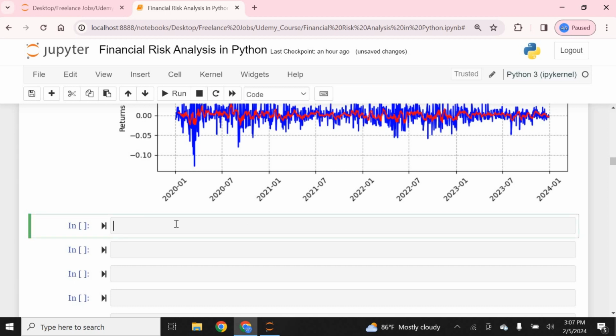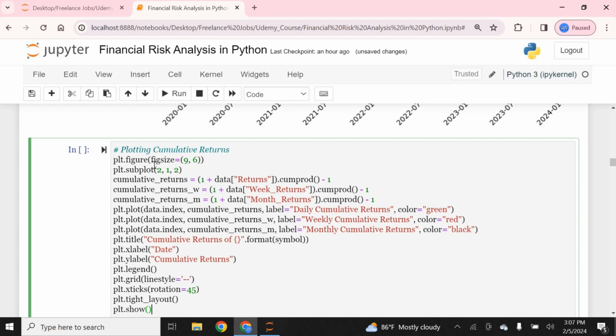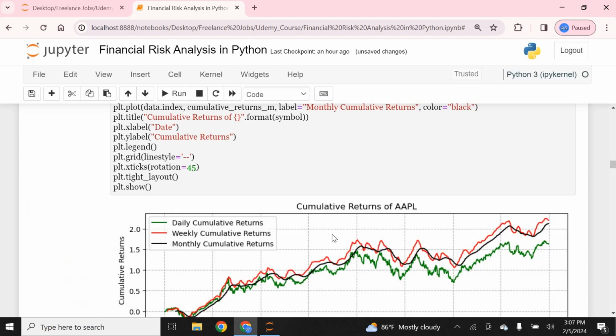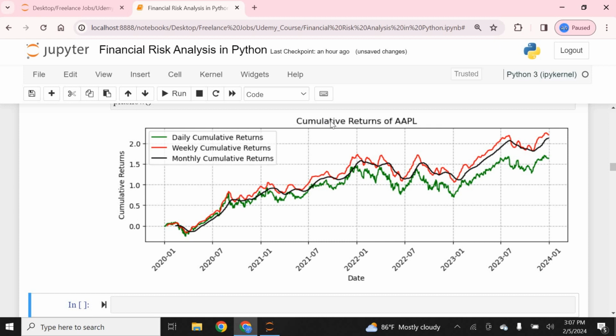We'll be plotting the daily, weekly, and monthly cumulative returns for each of these, and this will allow us to see. Oh, nice. So this is the cumulative returns of Apple.